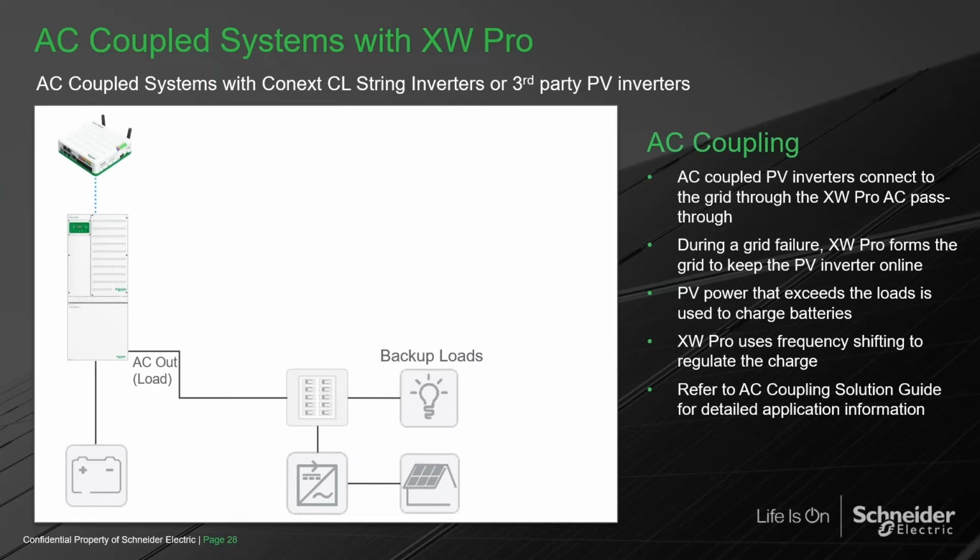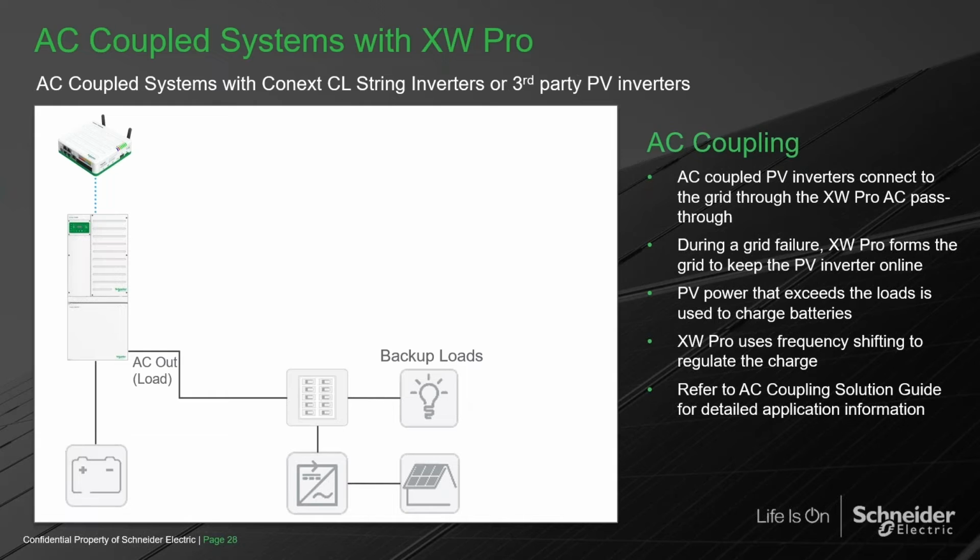Fantastic. So if the array production is sufficient to support the loads, then the loads will be 100% supported by the array. If the array is not sufficient to support the loads, then the XW Pro will help with stored energy.